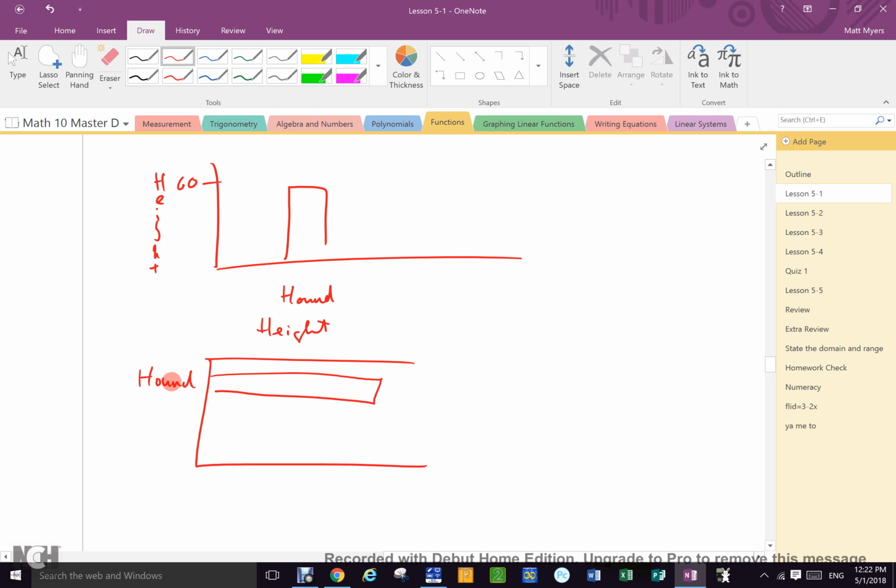Hound is still the independent variable, even though it's on the y-axis. You understand? It's a publishing thing. The problem is, as soon as I say the independent variable is the x, everybody doesn't hear the definition of independent variable. They hear independent variable is x. See the difference? Okay.